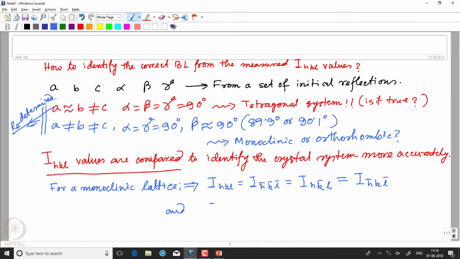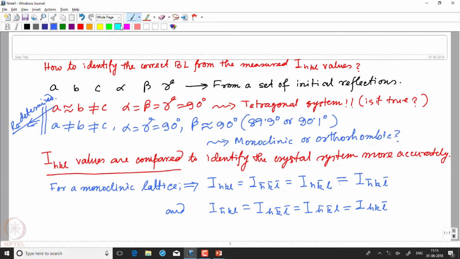For I H bar K L, the set of reflections should have the corresponding equivalence with I H bar K bar L bar. Then you apply the mirror symmetry, so I H bar K bar L bar equals I H K L bar.